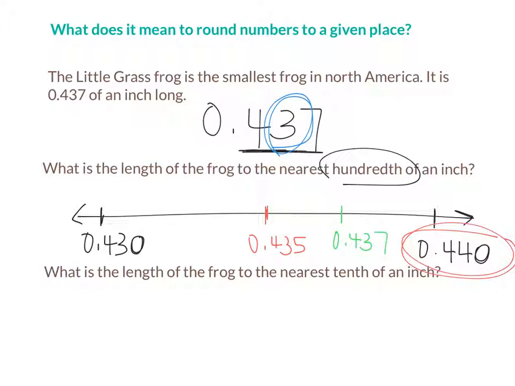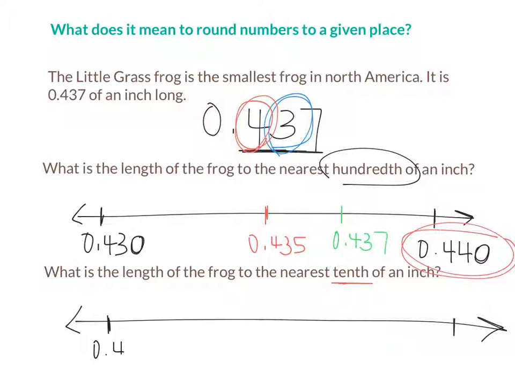Okay. Let's try it again, but this time it's asking us to round to the nearest tenth. So go ahead and draw yourself a number line. And remember, we're going to need a low end and a high end. Okay, if my low end is 0.4, what's going to be the high end of my number line? Eva? 0.5. You got it. And it's always just going to be one more in that place value.